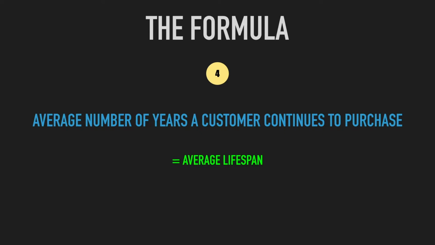For example, we go back to the grocery store again. If the average person in that area lives there for 3 years, it's safe to say that the average lifespan would be 3 years. Now this is something again that you don't work out. This is something that you want to ask them for, and if they can give it to you.